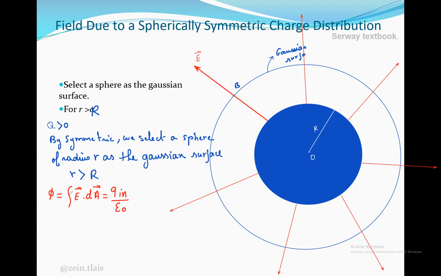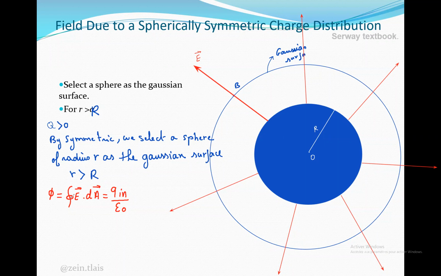And here is the integral over a closed surface. This Gaussian surface is closed around the sphere. It's important to put this circle on the integral.